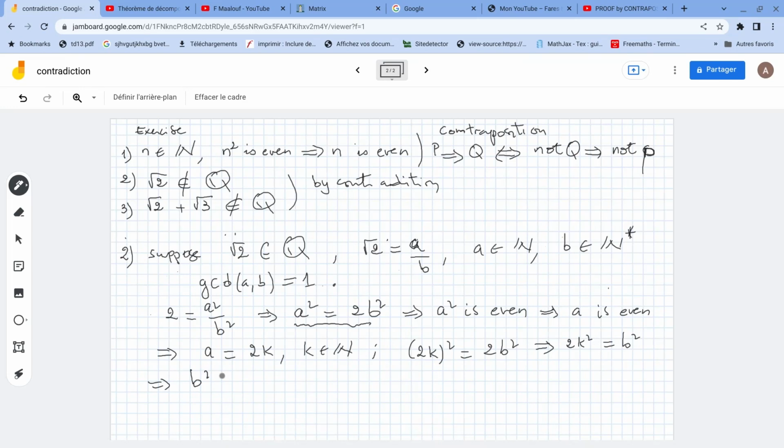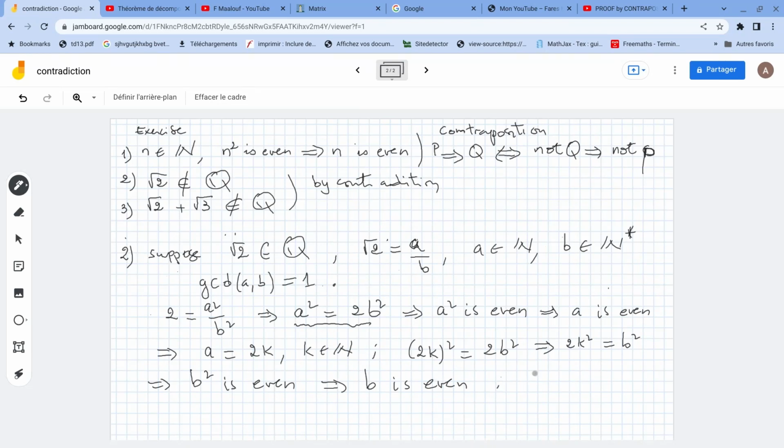Then b squared is even. I use again the first statement: n squared is even, then n is even; b squared is even, then b is even. I found that a and b are both even.